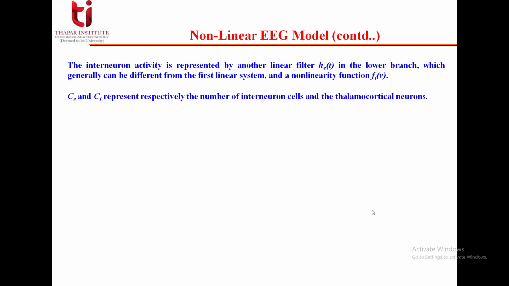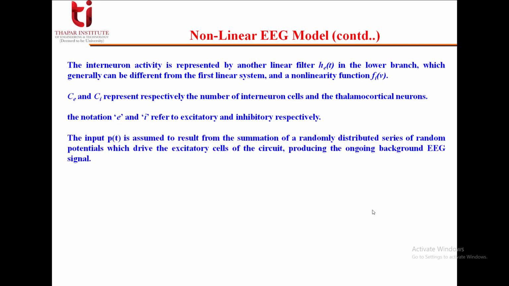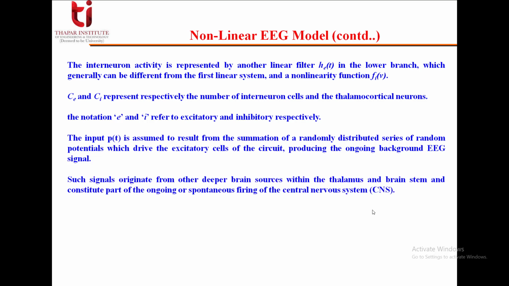So CE and CI, you can see in this figure, represent respectively the number of interneuron cells and thalamocortical neurons. And the notations E and I refer to excitatory and inhibitory respectively. The input PT is assumed to result from the summation of a randomly distributed series of random potentials which drive the excitatory cells of the circuit, producing the ongoing background EEG signal.